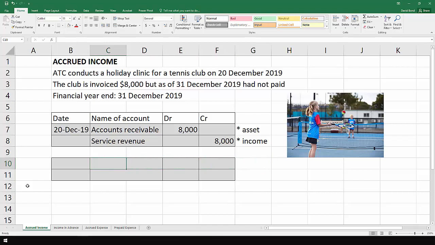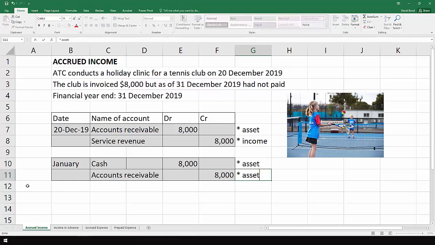At the point in time later on where they finally get paid, they would show cash increasing, and let's assume they get paid the full amount, and they would show accounts receivable decreasing $8,000. Cash is an asset, accounts receivable is an asset.